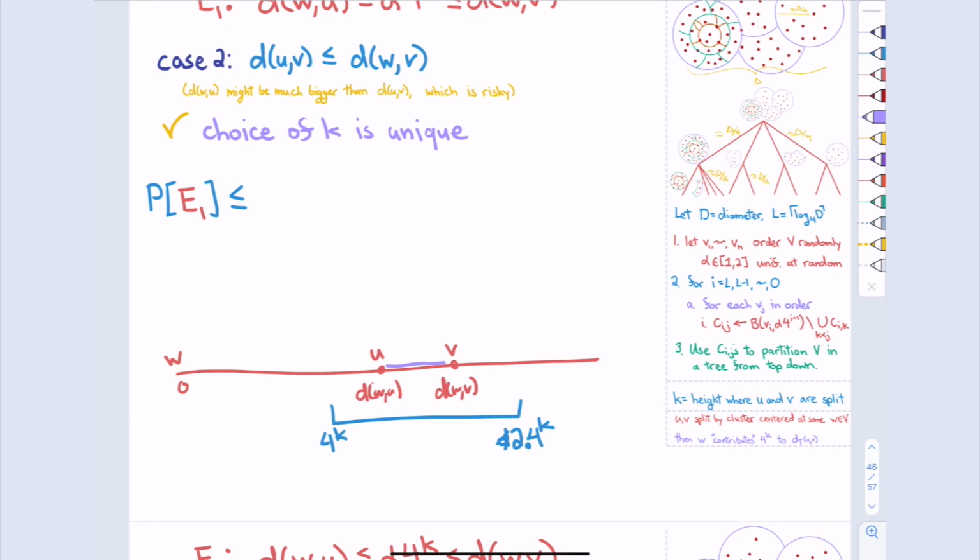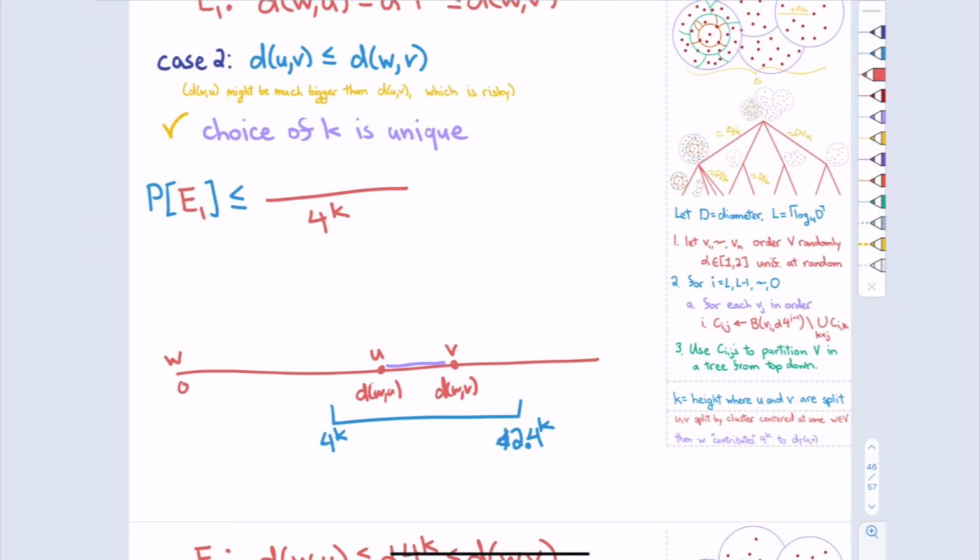Okay, so let's just write that out as a fraction. What's in the numerator? And what's in the denominator? Denominator, put 4 to the k, because that's the width of the blue. What's in the numerator? Yes, but we'll take a baby step to get there.